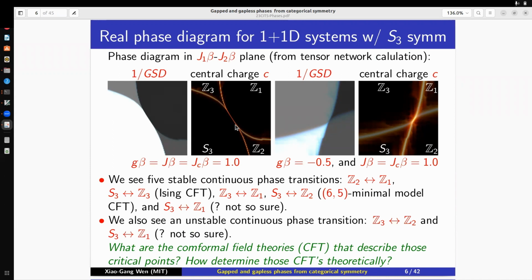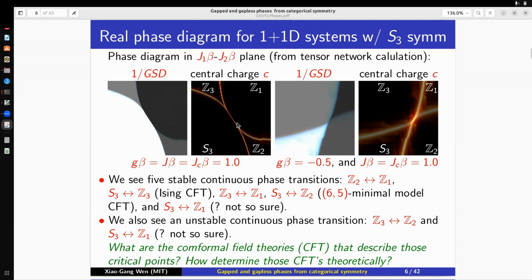At the critical point, we have low energy excitations, then there's a heat capacity. In one dimension, the heat capacity is linear in T, and the coefficient of the linear T term is the central charge. In the gapped phase, the central charge equals 0, so it is black. There's no low energy heat capacity. At the critical point, the central charge is non-zero.